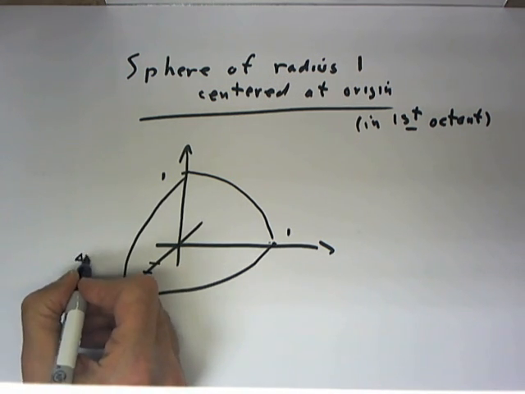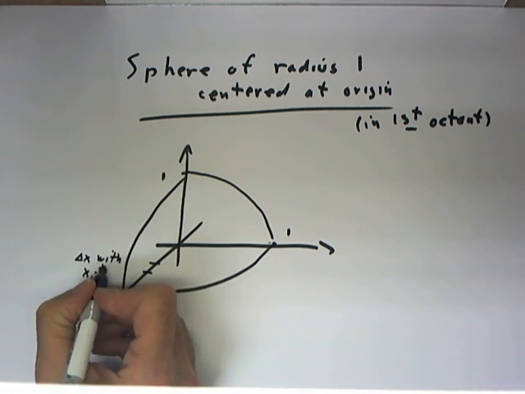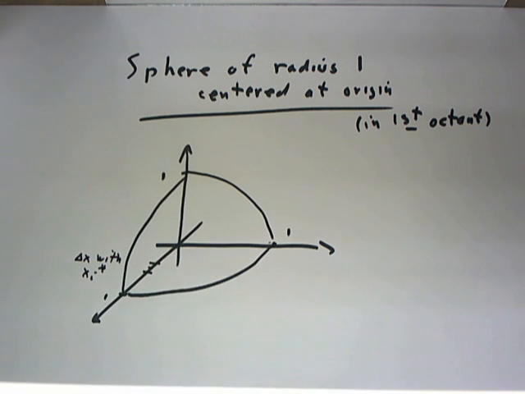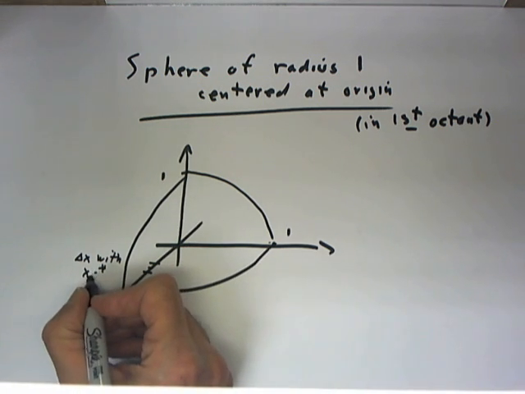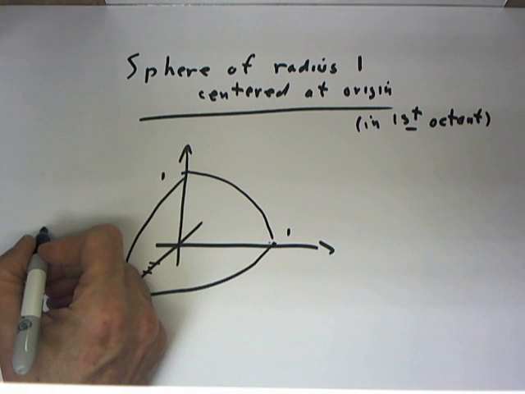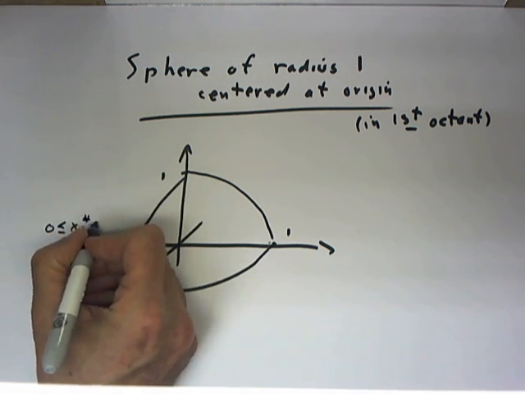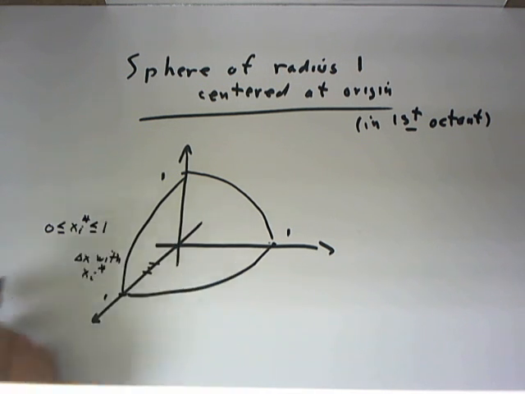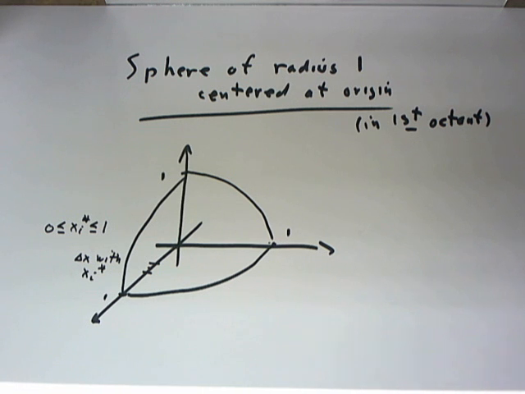So here's our delta x with xi star. In the first octant, our partition of x is going to extend from x equals 0 to x equals 1. So we can say that 0 is less than or equal to xi star less than or equal to 1, or in general this partitions the interval 0 less than or equal to x less than or equal to 1.